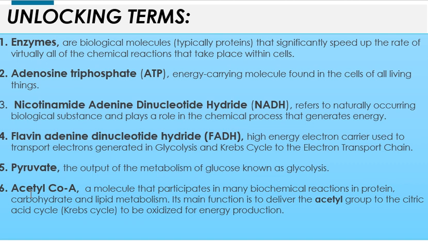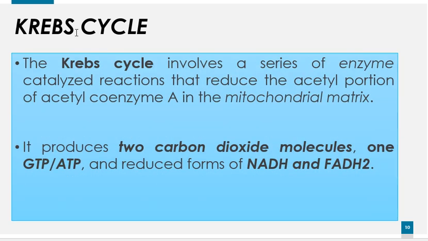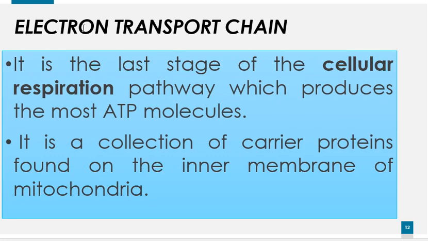Ang cellular respiration naa siya tulo ka reactions or steps or process nga mahitabo. We have the glycolysis, and then after glycolysis, followed by the Krebs cycle or the citric acid cycle. And the last one is we have electron transport chain. So let's start na sa pinaka first.